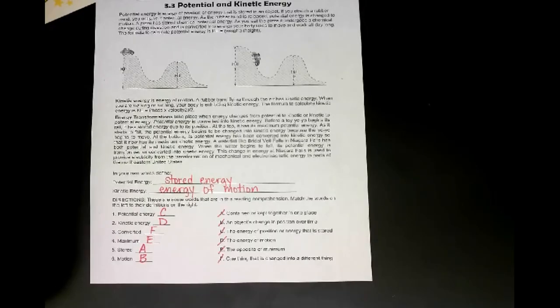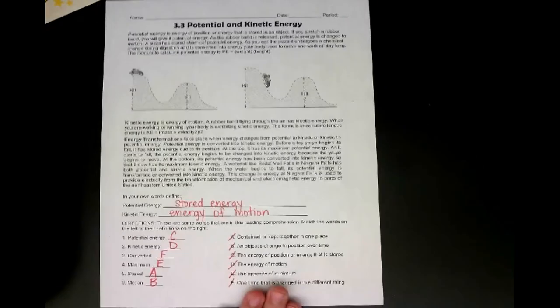You can pause and fix them if you need to. Make sure your answers are correct on this paper. All right, now that this paper is done, the front is finished. If there's any time left in class, I want you guys to be working on the word search on the back.